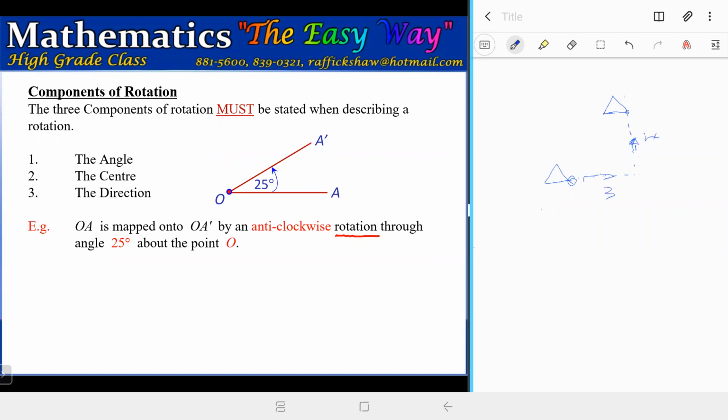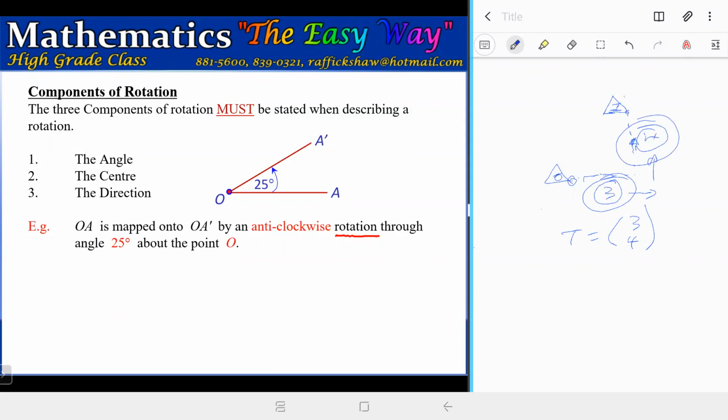In describing this, I have to say 3 units to the right and 4 units upward. So I would say the object triangle is mapped onto the image triangle by a translation, 3 units to the right, 4 units upwards, given by T equals (3, 4). So you give the name, translation, and the components, which is how many units left or right, how many units up or down.